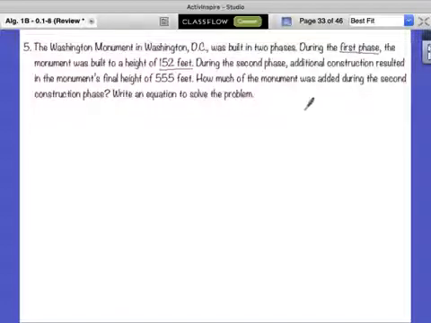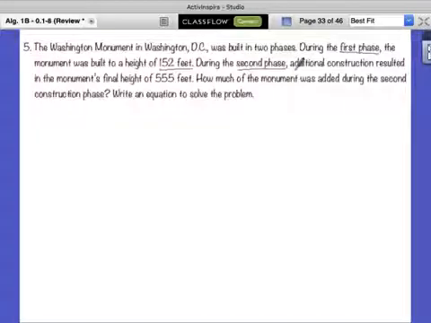Tobin, what's another piece of key information? During the second phase, the final height was 555 feet. Okay, we have a couple things in there. I think we can even break that apart into two different ones. Underline second phase, and then the 555 feet. Let's go second phase and then underline something else with second phase.